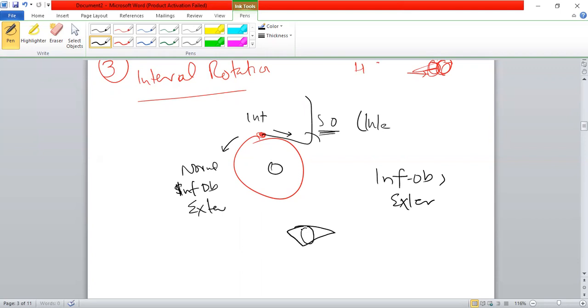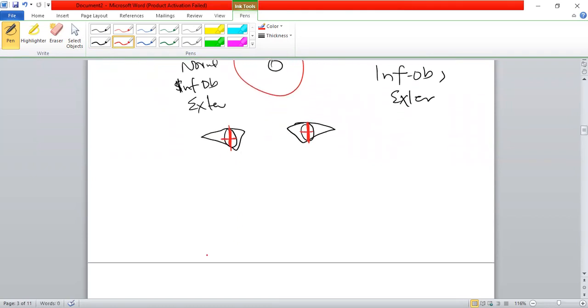suppose this is your eyeball, and for reference purposes we put these two arrows. These arrows show, especially the one in the middle, that you are looking straight.